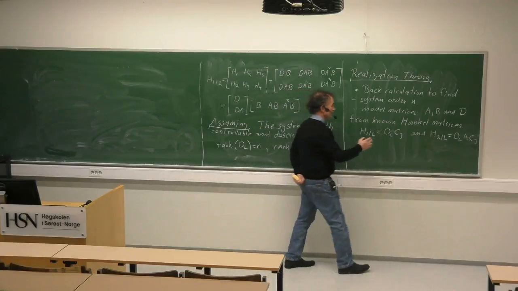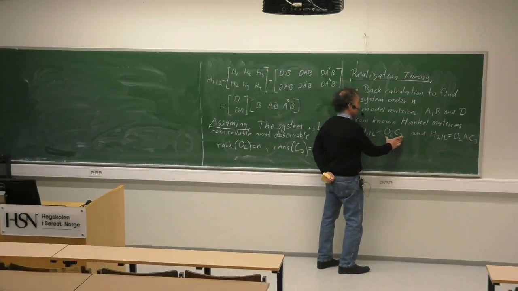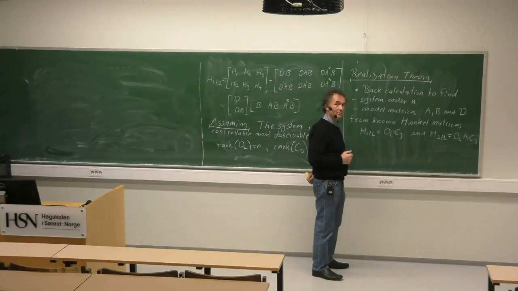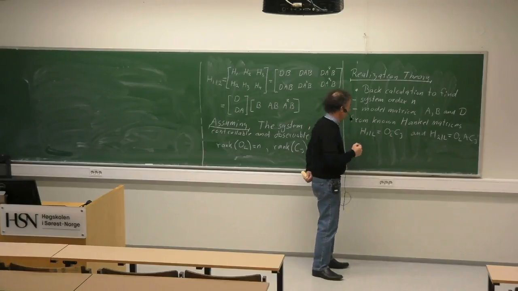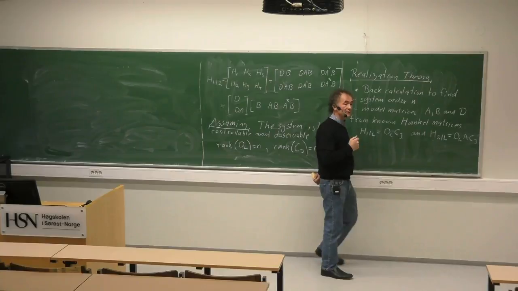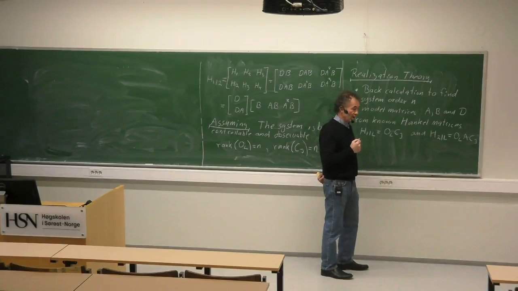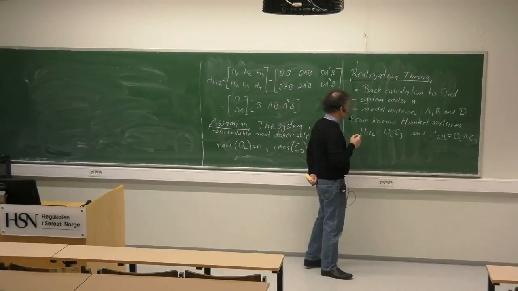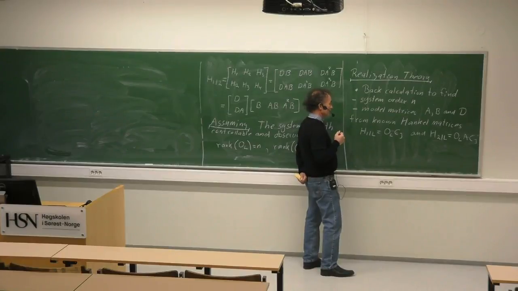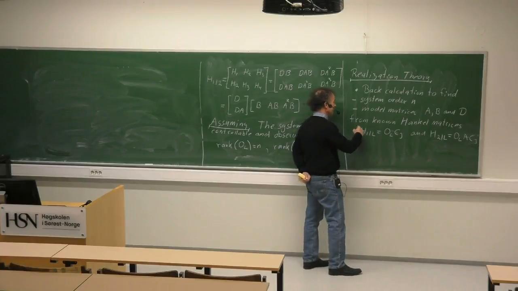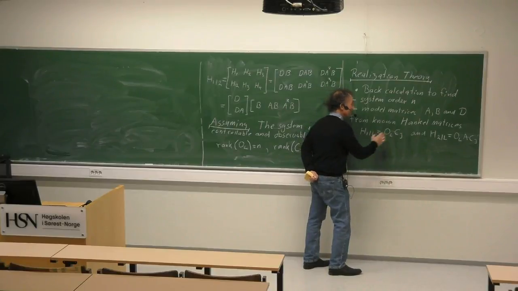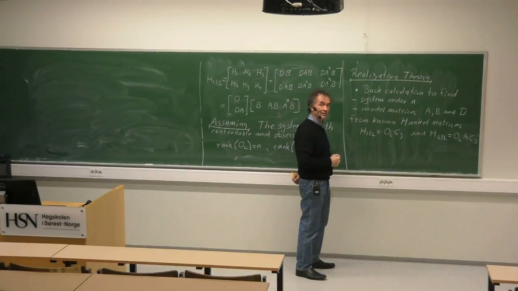So we don't at this stage know O_L and C_J separately, but we know that the rank of them is n. So there exists a lemma also in linear algebra, that the rank of a matrix which is equal to the product of two rank n matrices is equal to n.